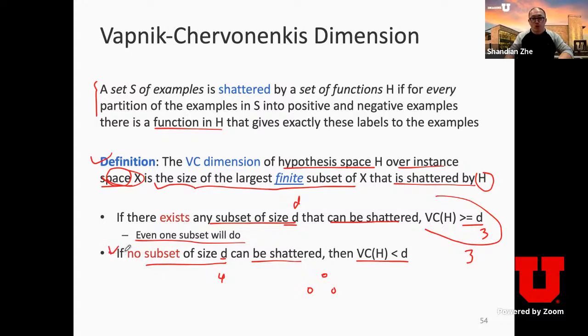Actually, a straightforward way is just to classify the distribution of the locations of the points. Take 4 points as an example. If I want to show that any 4 points cannot be shattered by linear classifiers, we need to enumerate the cases.